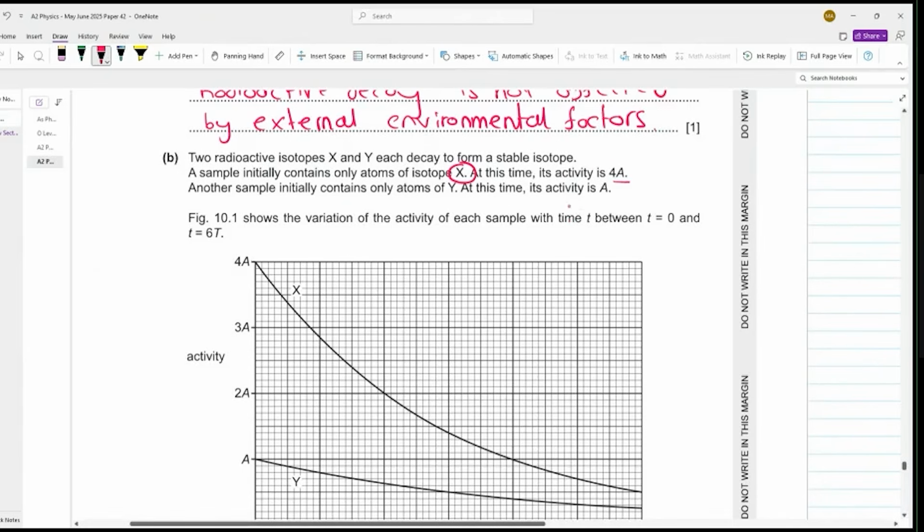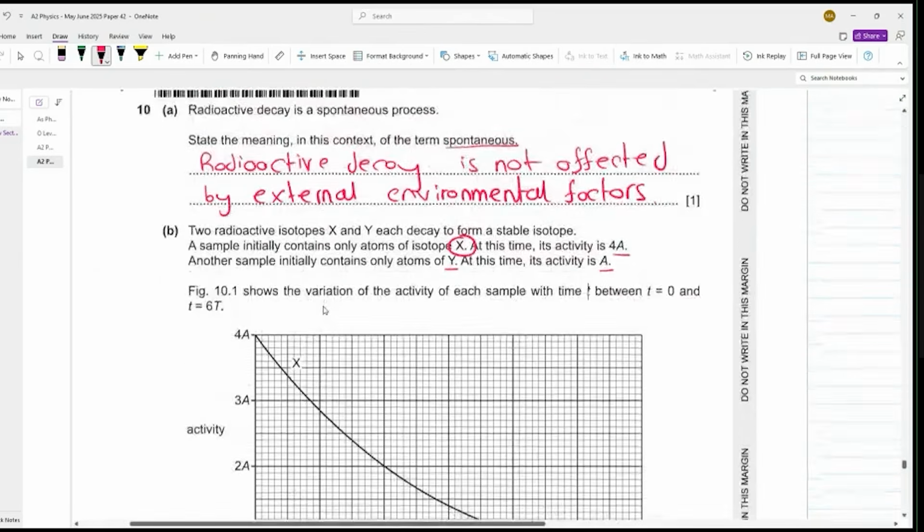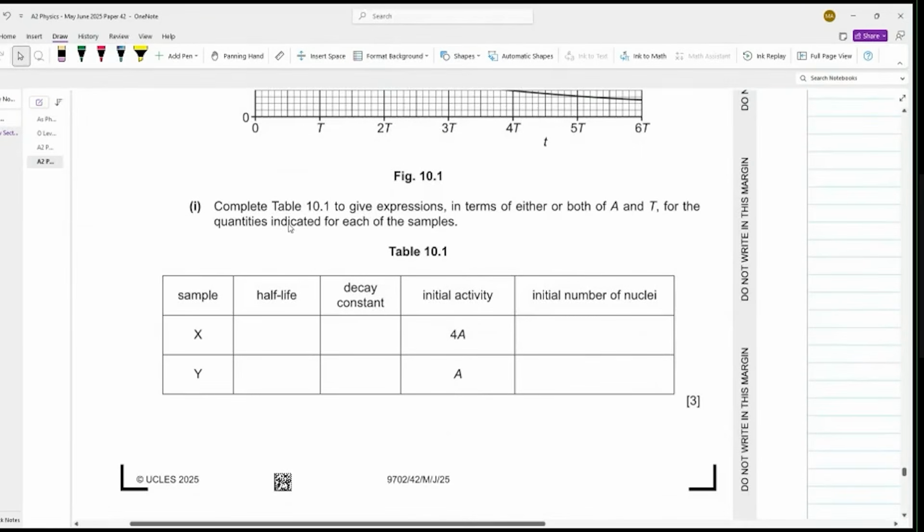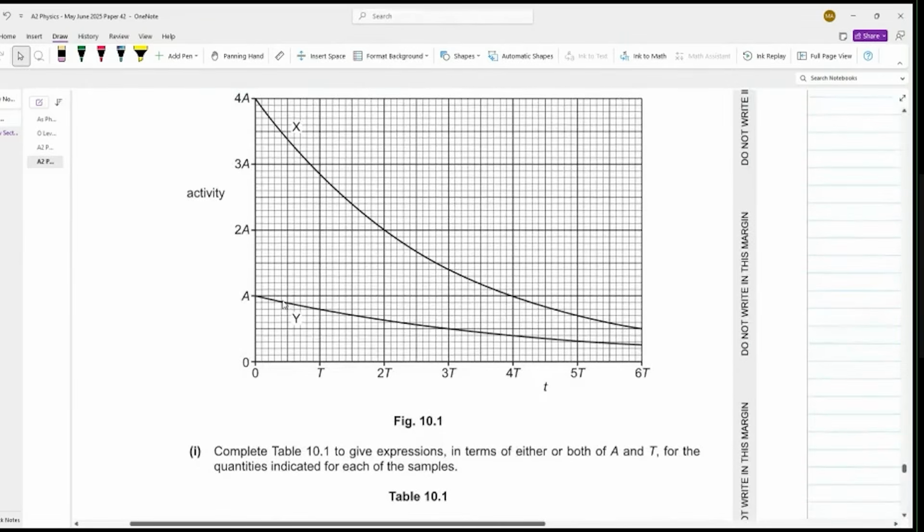Another sample contains only atoms of Y. At this time, its activity is A. Figure 10.1 shows the variation of the activity of each sample with time between t equals 0 and 6T. Complete the figure to give expressions in terms of either or both of A and T for the quantities indicated for each sample. You have to calculate the half-life of X.